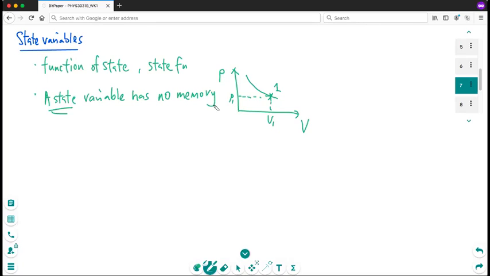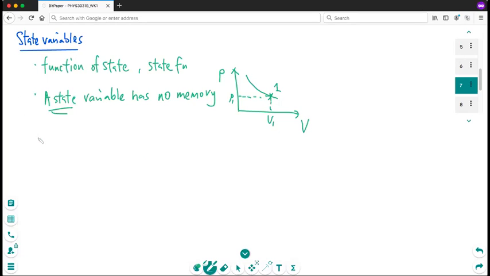Another more formal definition is given in the note. I will read it for you, but it's easily found there. If I have a quantity f, which is a state variable, this is true if and only if the change delta f depends only on the initial and final states, not on the path.